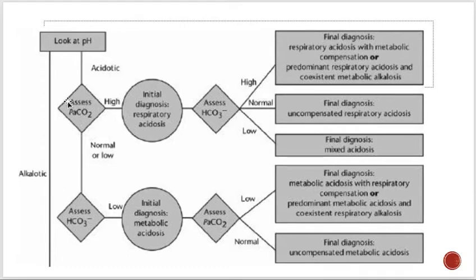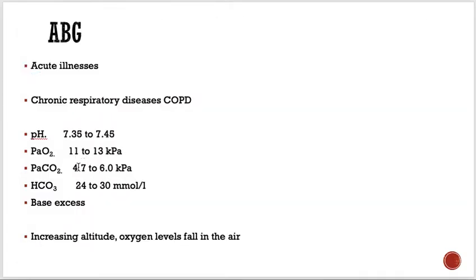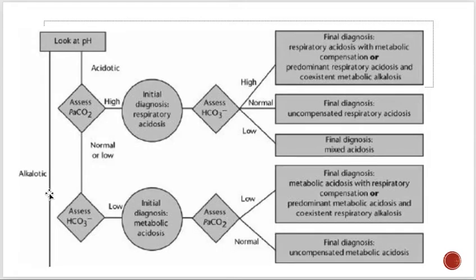You have to see now if the carbon dioxide is low, normal, or high. To tell you exactly why we are talking about carbon dioxide here: carbon dioxide is an acidic gas.